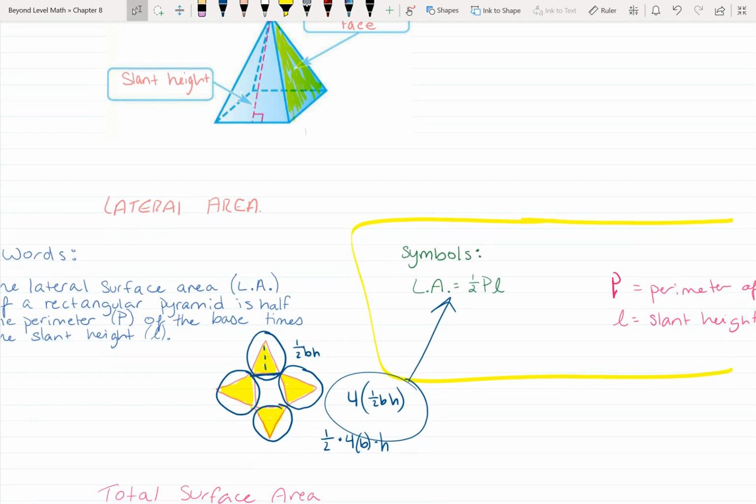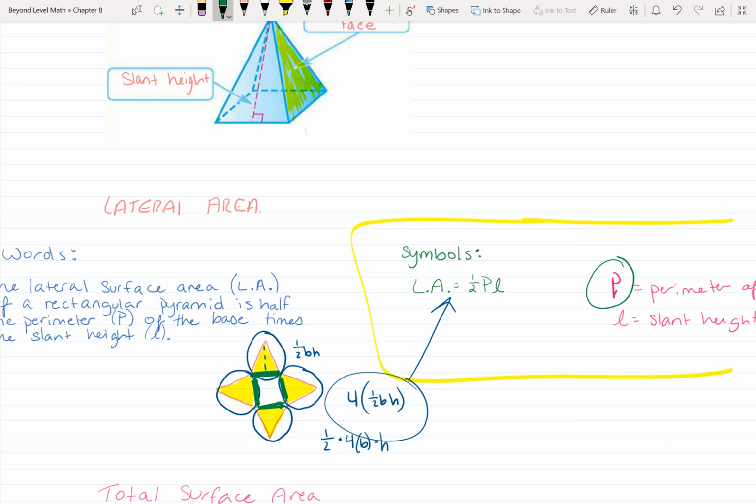Now 4 times this base, if this is the base, 4 times that is really just going to give us the perimeter, right? Which is why we use this P over here.